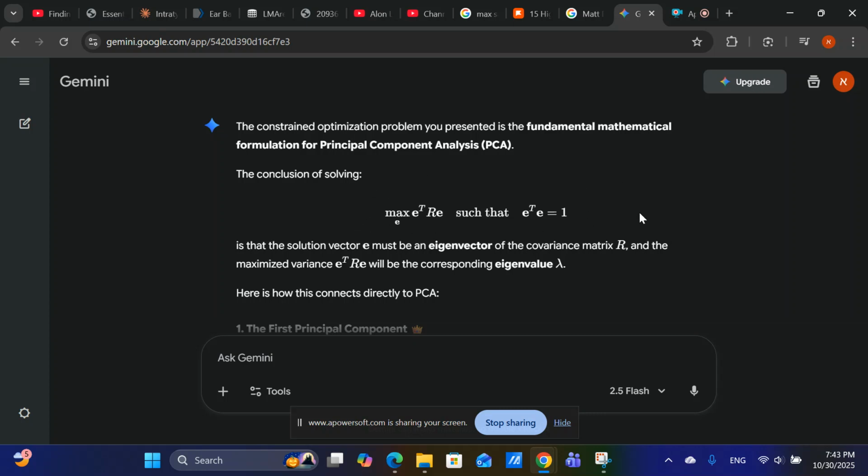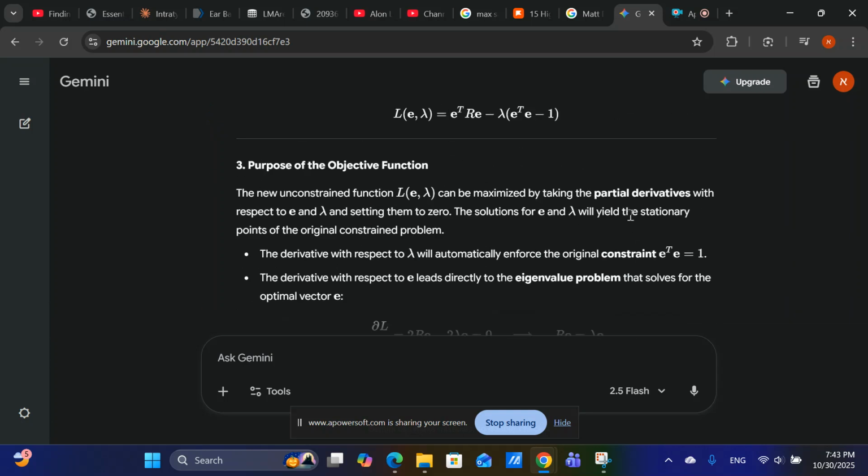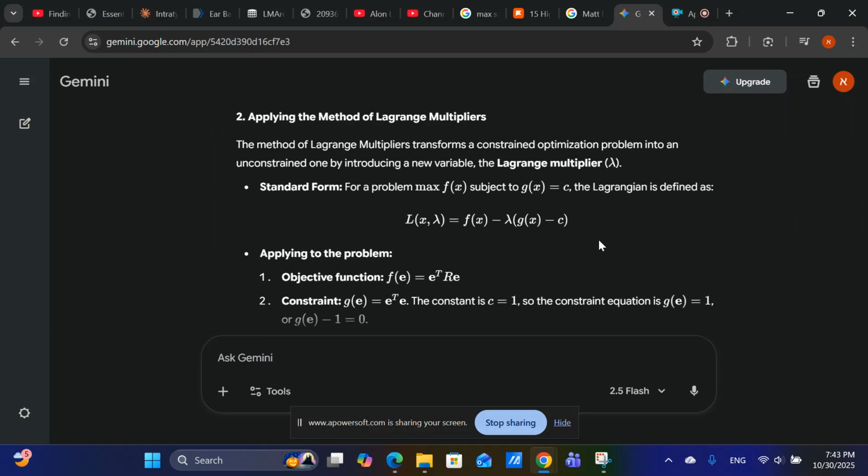I'll use Lagrange multipliers. In Lagrange multipliers, what I will do is take it and define this thing. This is the Lagrange multiplier formula. We're taking the f of x minus lambda times our constraint. In our case, the constraint is E transpose E equals 1, and the function to maximize is E transpose RE, and we want to maximize it in relation to E. Here it is, f of E is this, and our g of E is this.